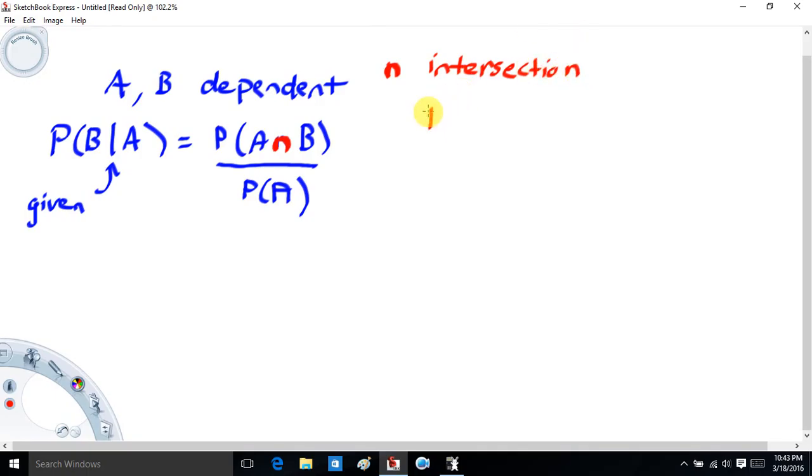So probability of A intersection B is the same as probability of A and B. Okay?